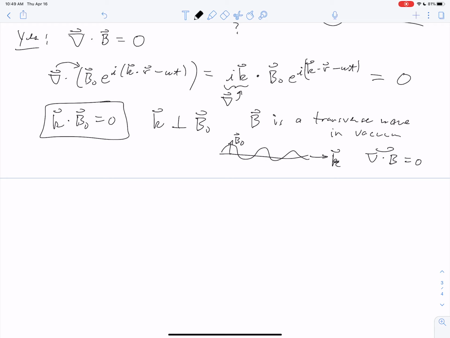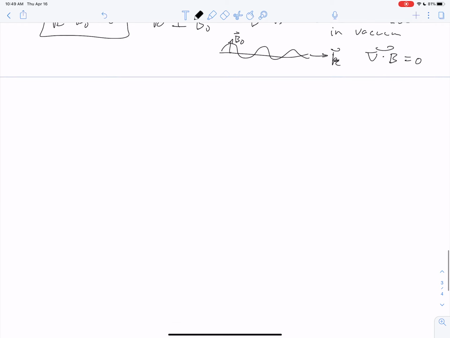Okay, great. So now we've learned that for a plane wave, which is really our favorite kind of wave, and there are other ones too, not all waves are plane waves, but it's our favorite one, the electric field is perpendicular to k, and the B field is perpendicular to k, where k is the direction that the plane wave is traveling.